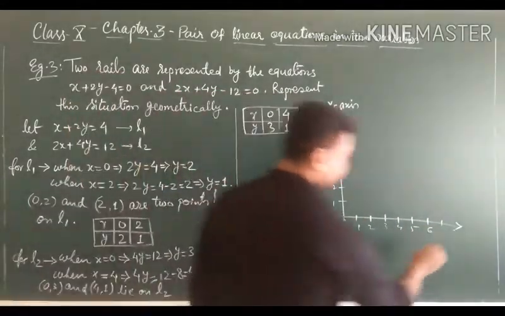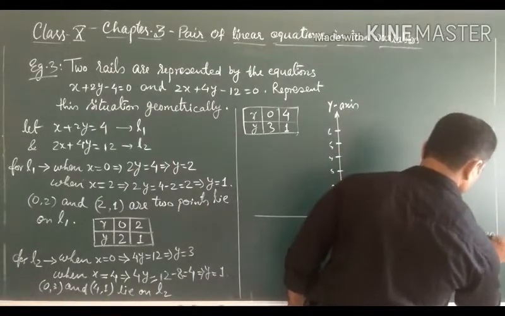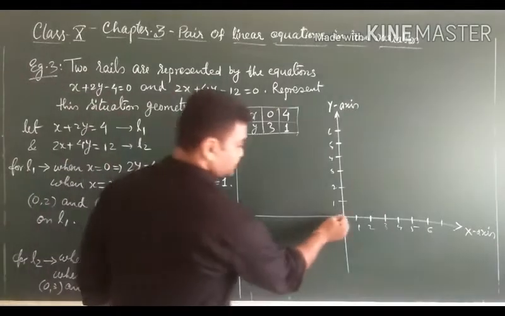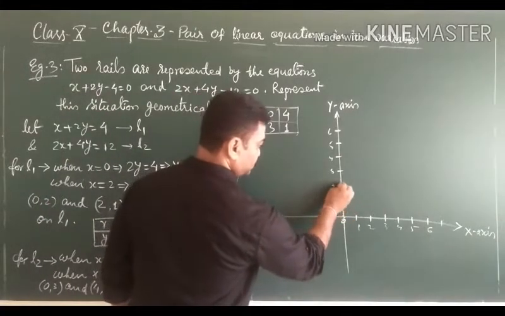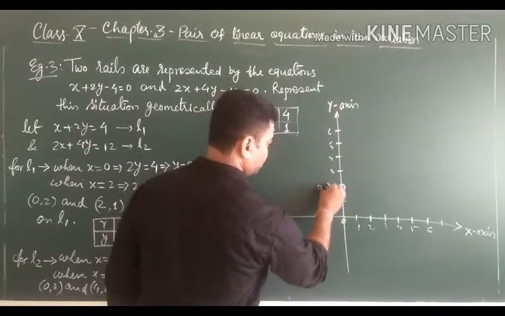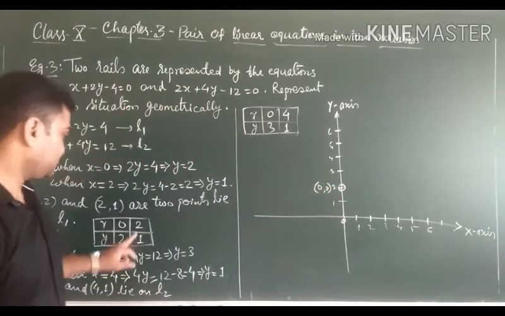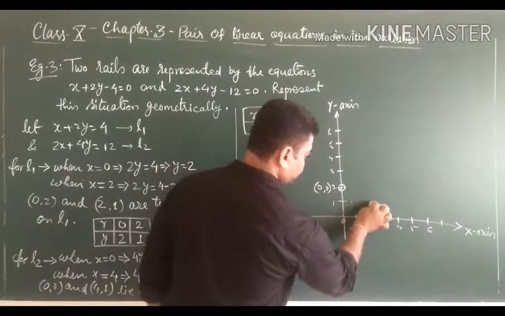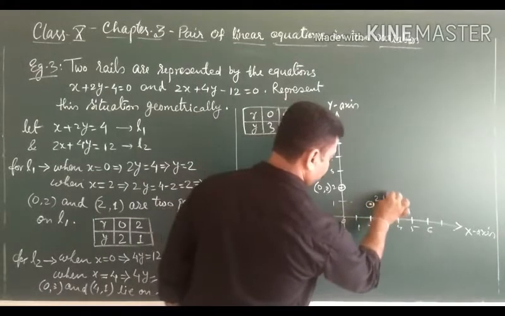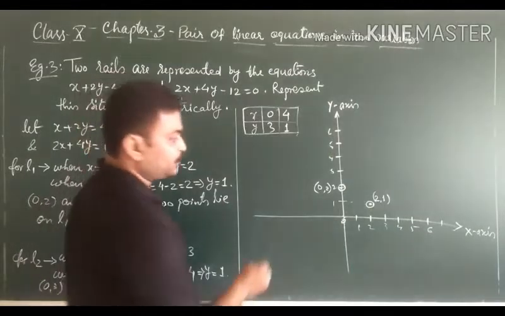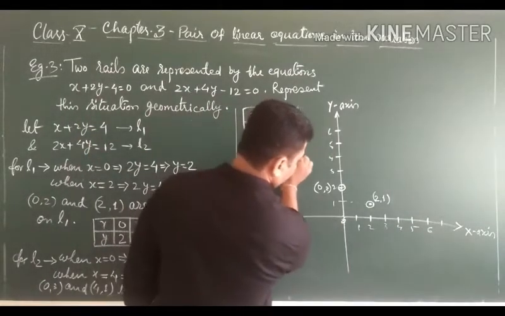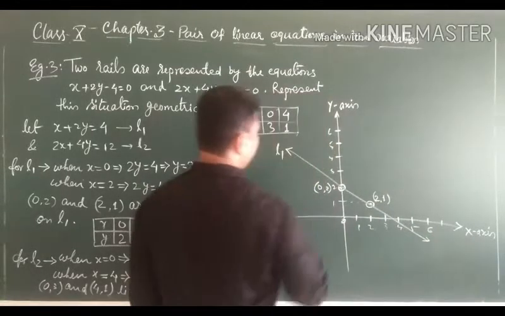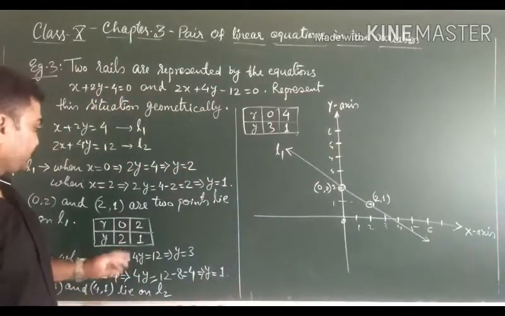First point is 0 and 2. Second point, 2 and 1. This point, 2, 1. What do we do? It is our line L1.